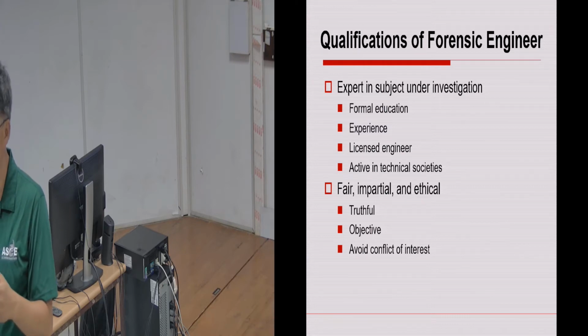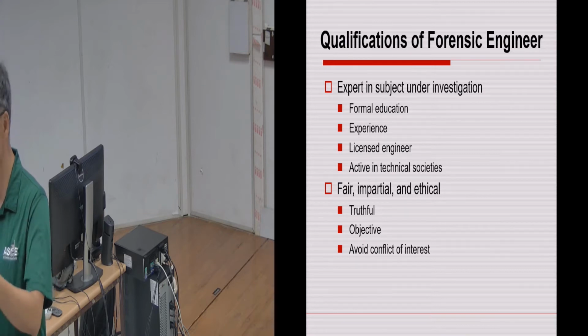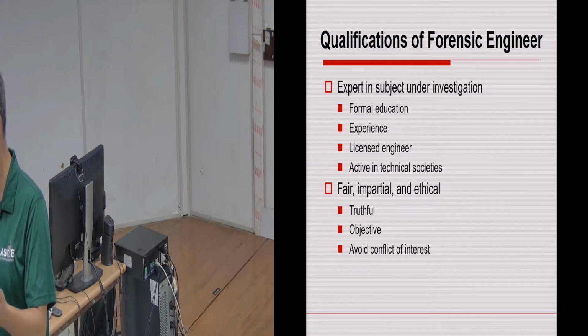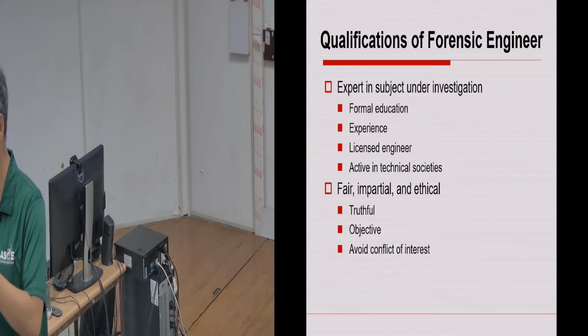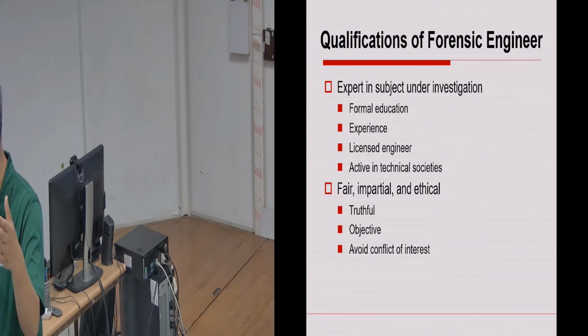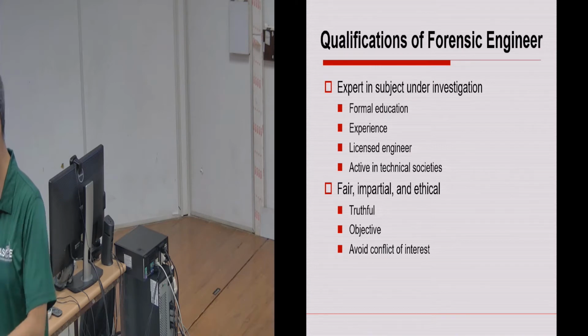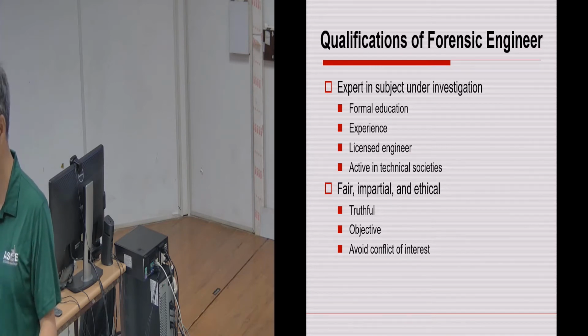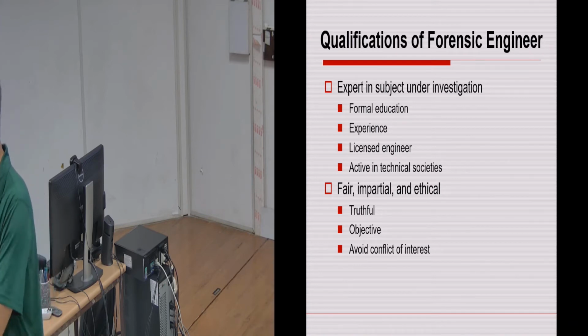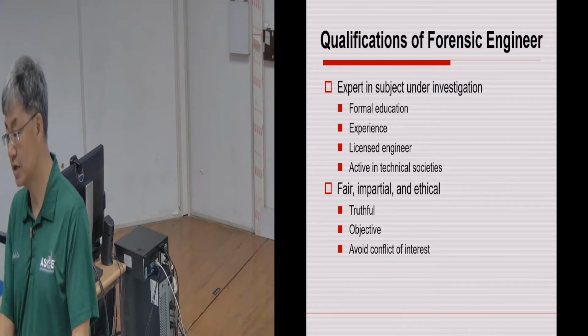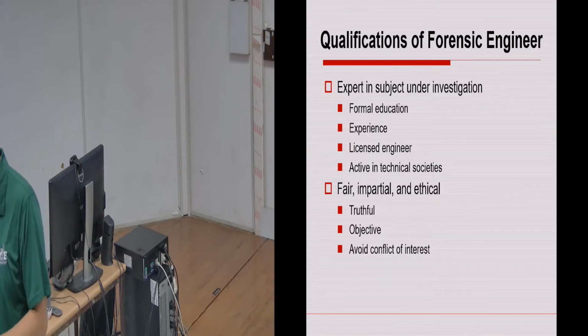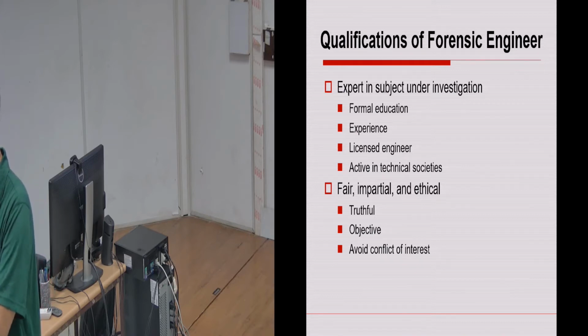In the case of India, they most likely either find a structural engineer who has been doing many designs as an expert, or go to the university and find a professor, a recognized name, as the expert. Then it becomes the burden of the professor to prove that, hey, I am the expert in this area. So there is such a process. It's not defined.